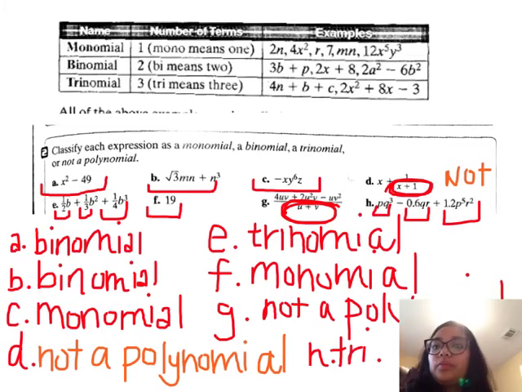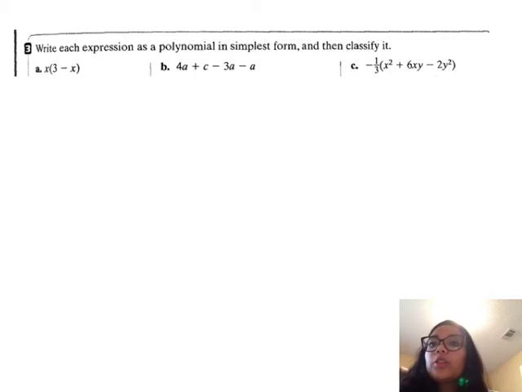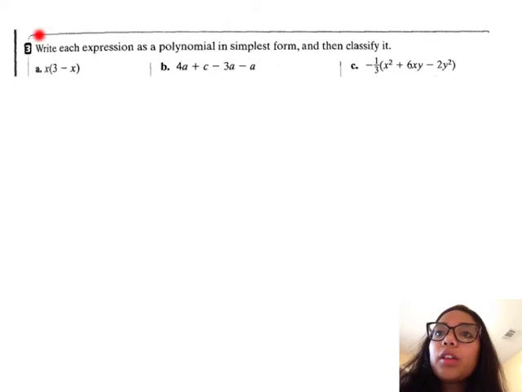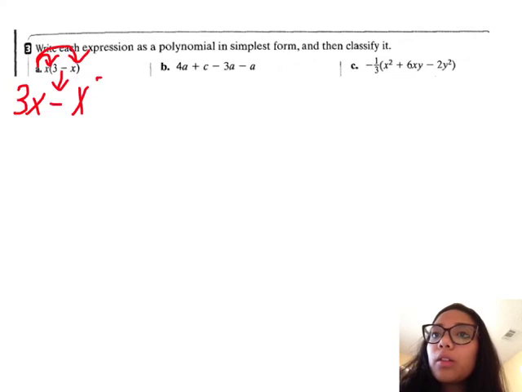Alright. Write each expression as a polynomial in simplest form, then classify it. So, to do this in the simplest form, if you notice that there's these parentheses right here, which means you're going to have to do the distributive property, your favorite. So you're going to have to distribute, which means multiply, x times 3, which is 3x, minus, take your minus sign down, times x, which is x squared.